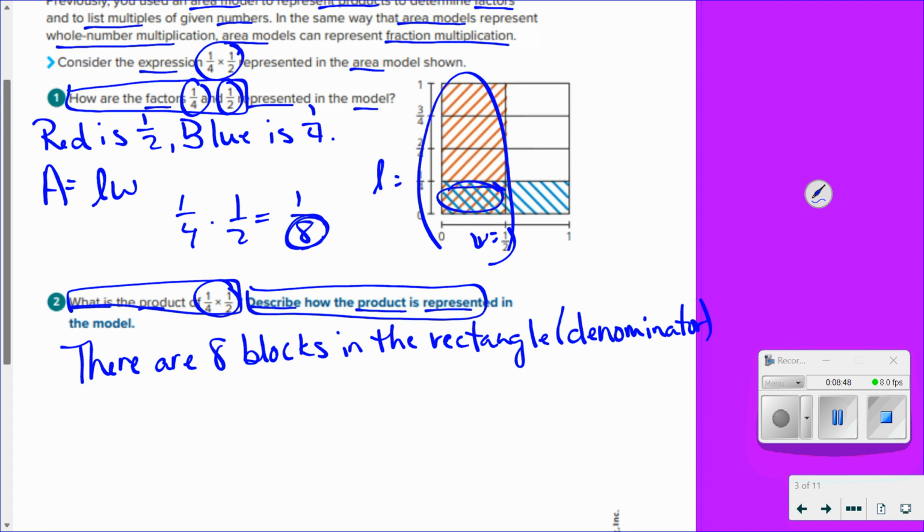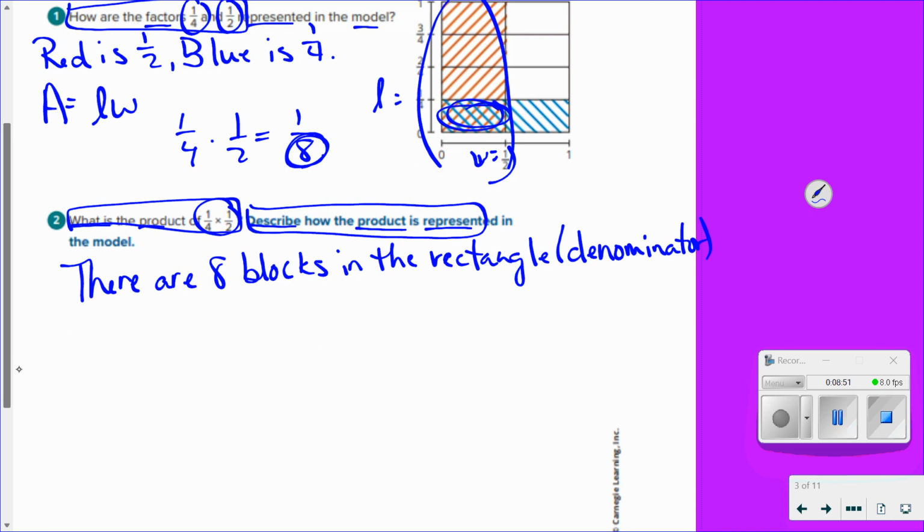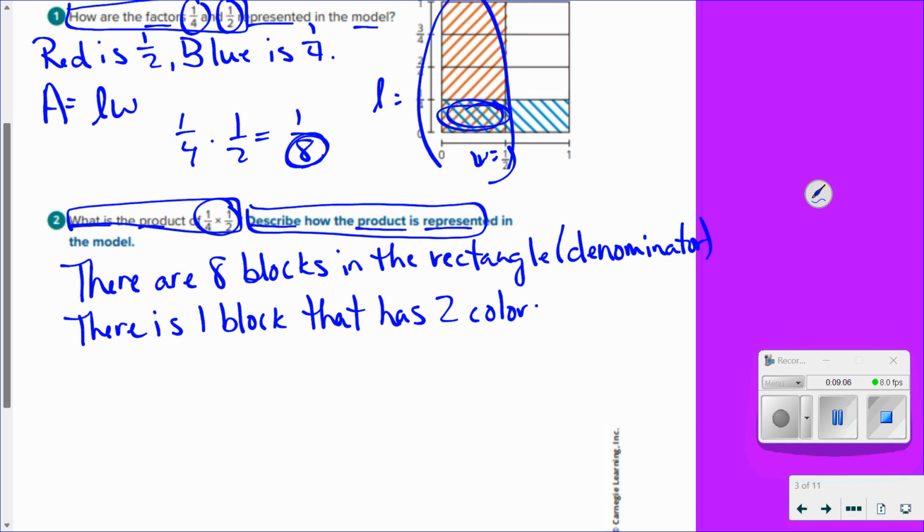Good. So we have 1 that is double colored. So that's the intersection of the 1/2 and the 1/4. It's where they both are, right? So that one is our numerator.